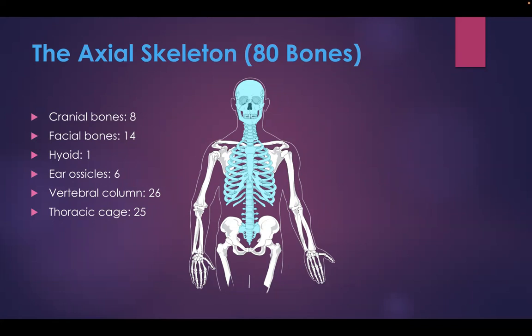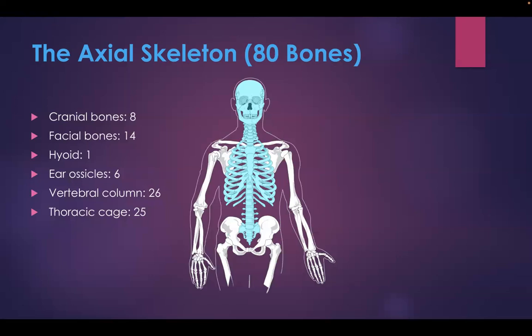So there's 8 cranial bones. You've learned this in restorative art. This is going to include the frontal bone, the 2 parietal bones, the 2 temporal bones, the occipital bone, the ethmoid bone, and the sphenoid.